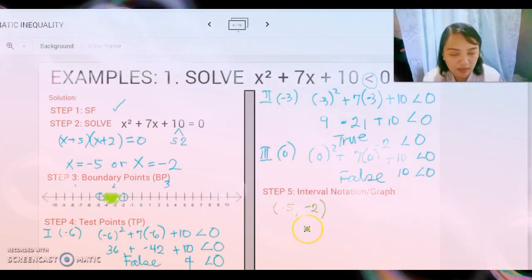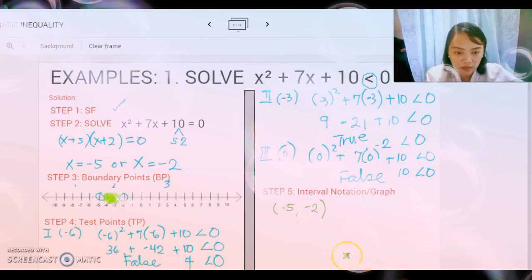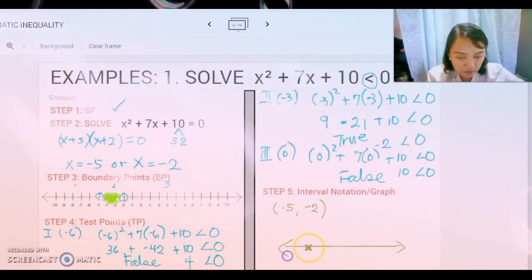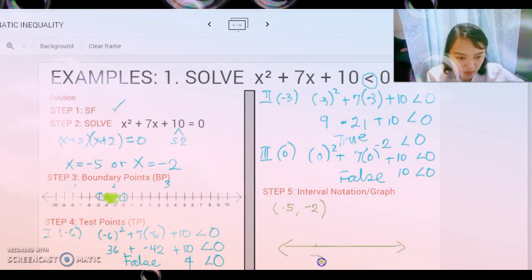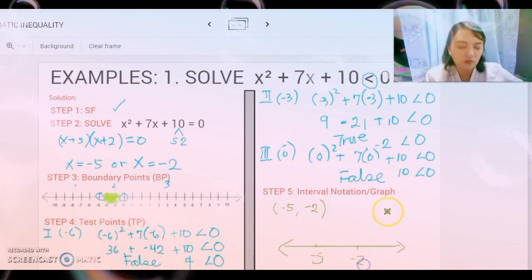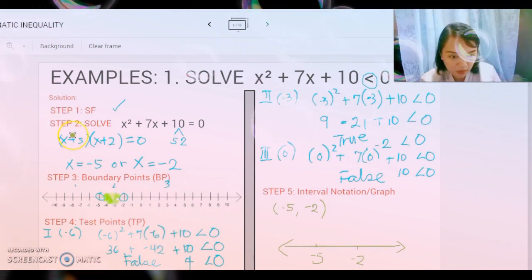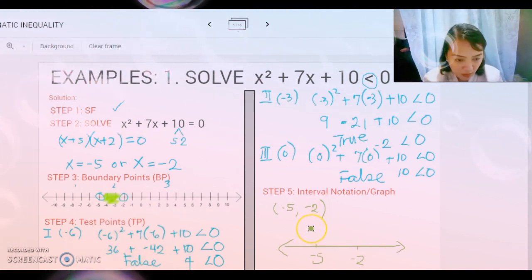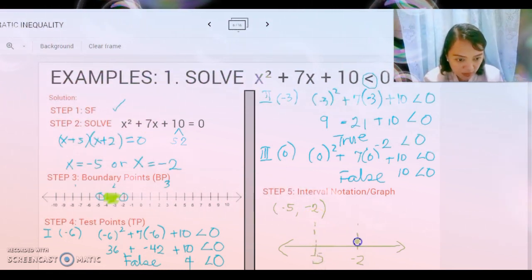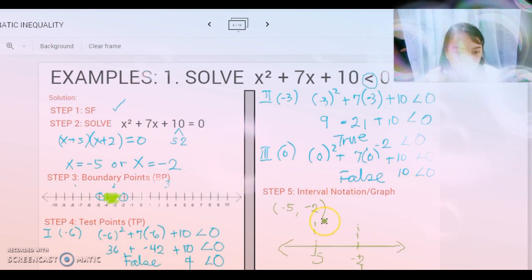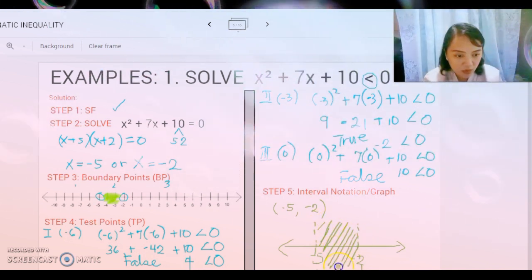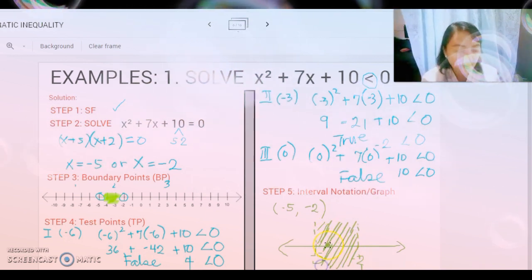So, kung i-graph natin yan, this will become, kunwari, ayan na, ito si negative 5, ito si negative 2. Okay. So, diba, yung gitna lang yung tama sa atin. So, gagawa kayo ng broken lines. Ibig sabihin, hindi siya included. And then, ito yung isi-shape nyo. So, ibig sabihin, yan lang yung solution niya. Okay? Yes?